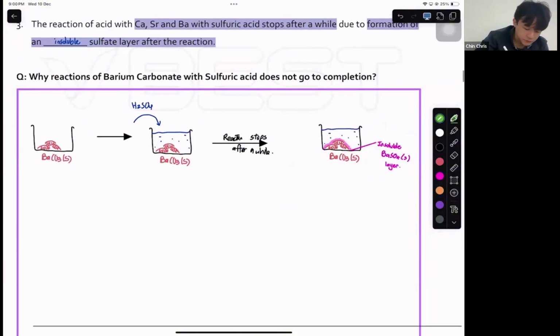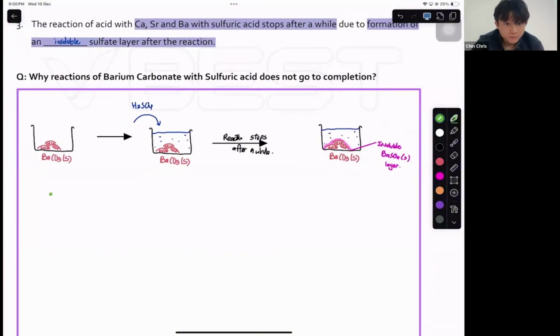Alright guys, let's go. First, I have an insoluble BaSO4 layer from the side. Then it covers the reactant, yeah.